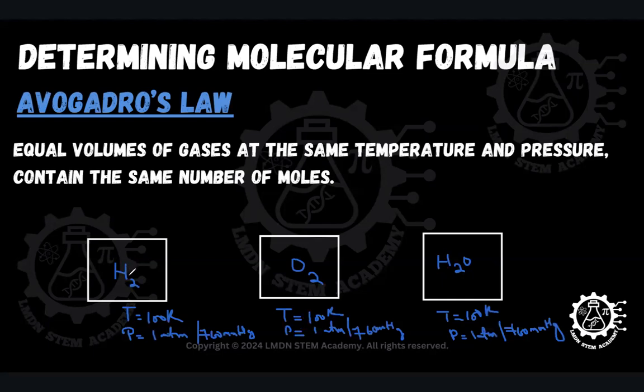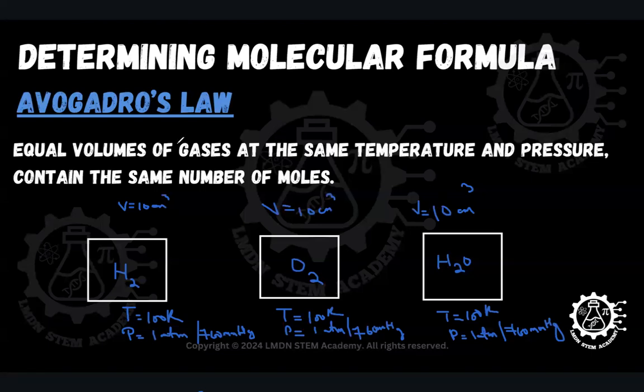If you have gases, like we have H2, O2 and steam here, as long as they are under the same conditions of temperature and pressure and are in equal volume, like we see that these are the same volume, let's say the volume is 10 cm cube of this, 10 cm cube of this, and also 10 cm cube of this.